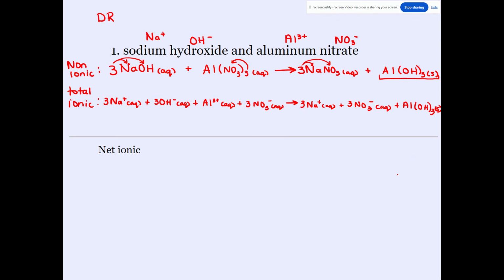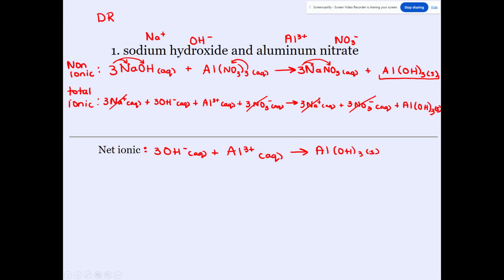Now, I'm going to cancel my spectator ions. My sodiums cancel, my nitrates cancel, and so our net ionic, or what we're left with, is 3 hydroxide ions and aluminum 3+ ions. Those are my only reactants. My product is Al(OH)3 solid.